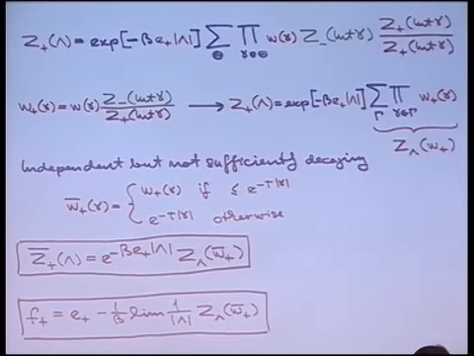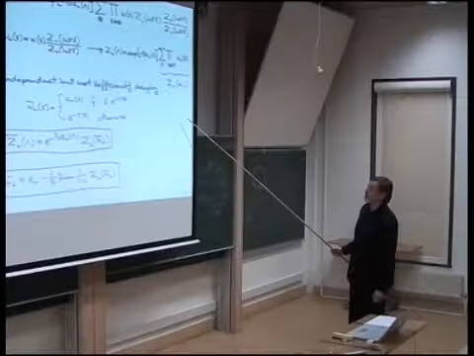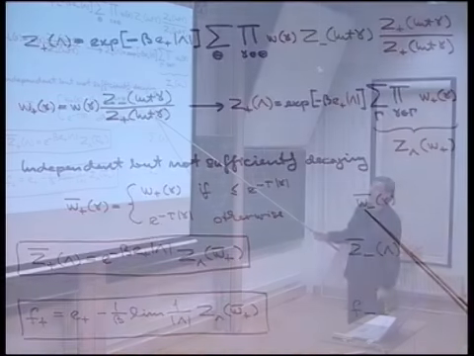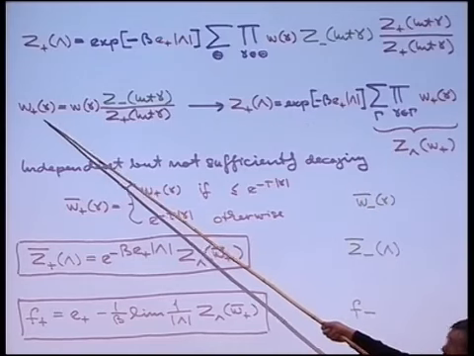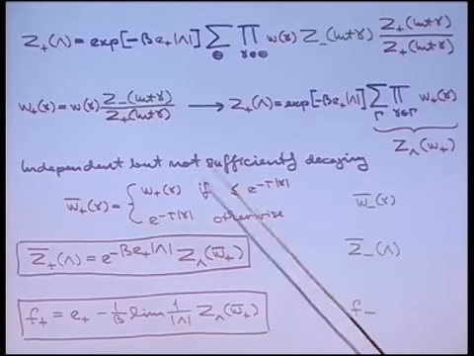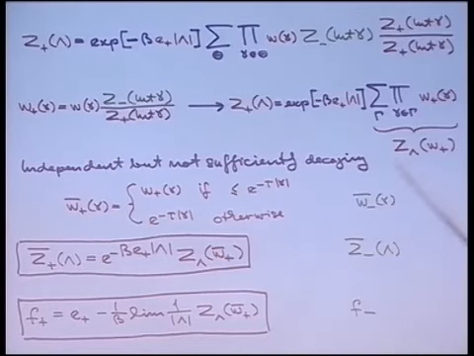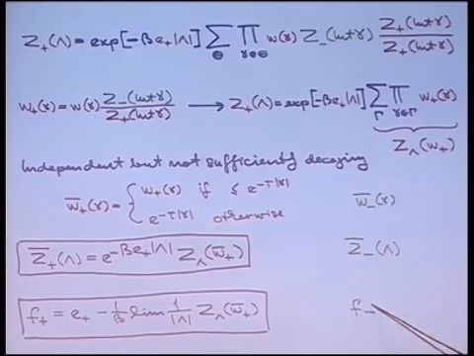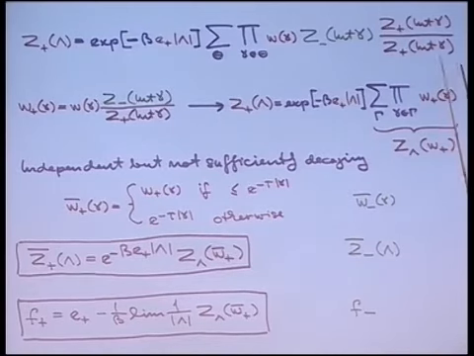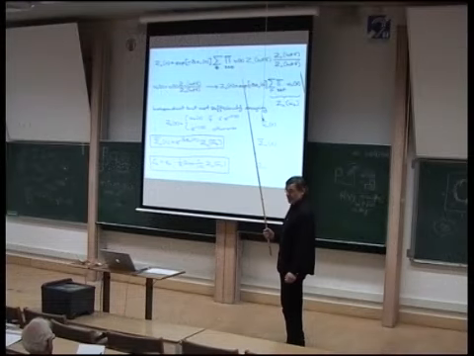And similar thing I can do for minuses. I can introduce W minus, in the same way I introduce W plus here. I can introduce W minus bar, I can introduce Z minus bar, and I can introduce F minus. And nobody is saying that F plus and F minus are the same functions. They will be different. Okay?